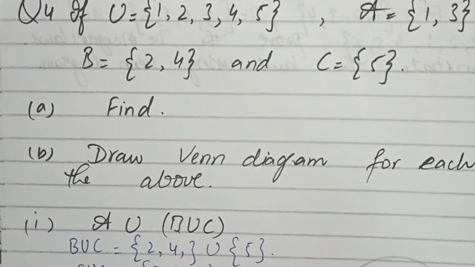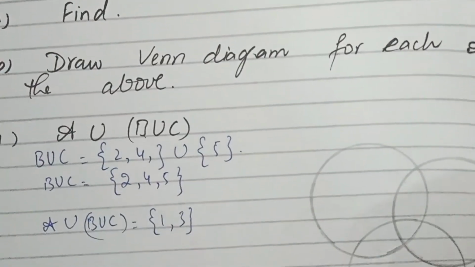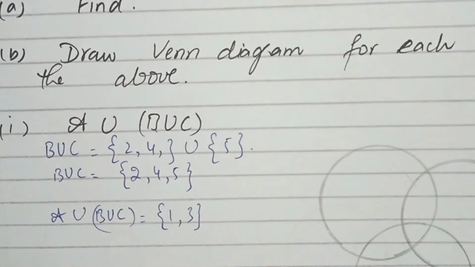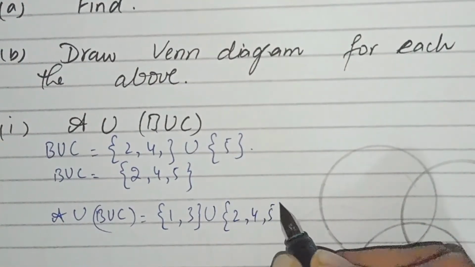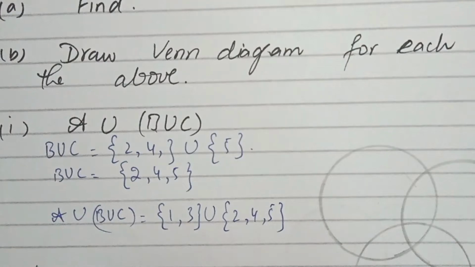Now, students, A union B union C. Now, A is 1 and 3, and B union C we find is 2, 4, and 5. Now we have to combine it. A union B union C is 1, 2, 3, 4, and 5.